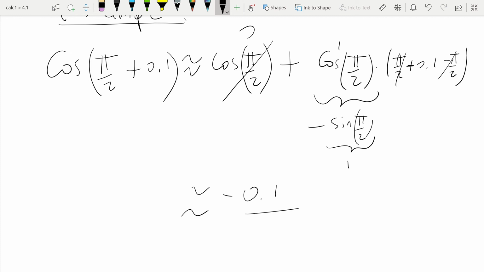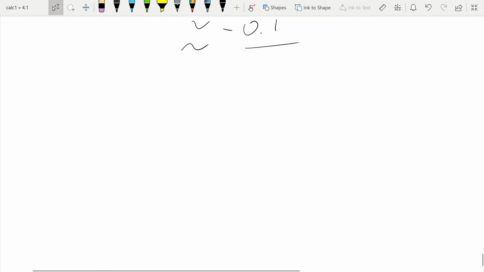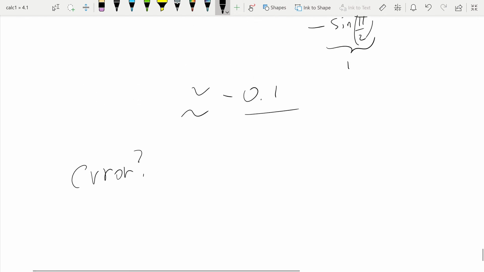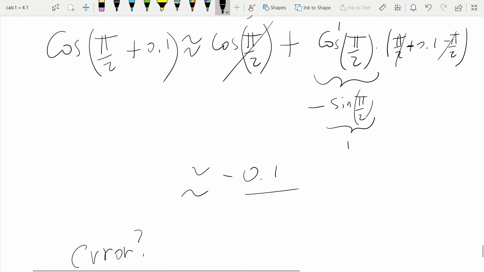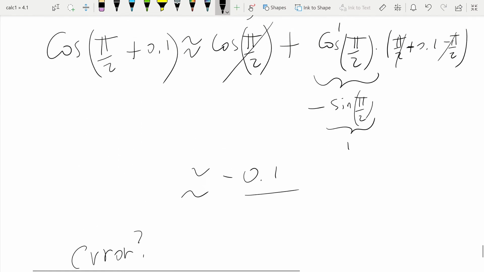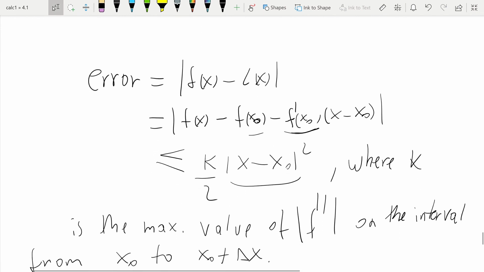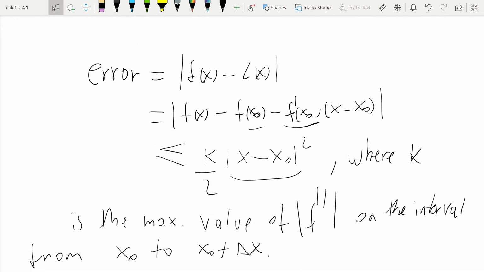And what is the error that we're making? Okay, so let's look at something. We know that the error, according to this formula, is bounded by k times x minus x naught squared.